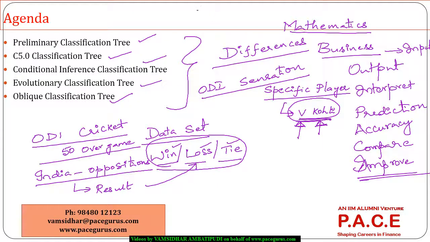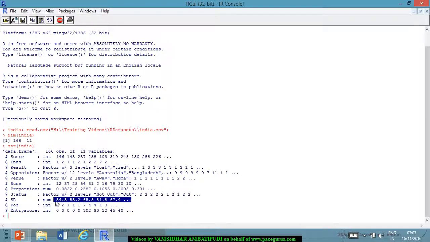So if he has scored 60 runs facing 100 balls, then the strike rate is 60%. That is what is represented here: 54.5, 65.8, 81.8 and so on. So is the pace at which he has scored the runs really impacting the winning or the losing for India? We are going to look at that aspect as well.